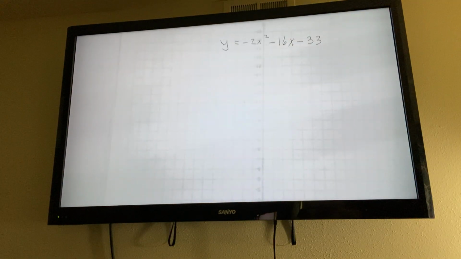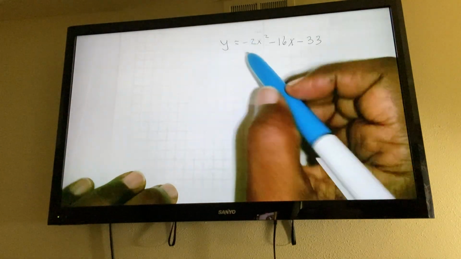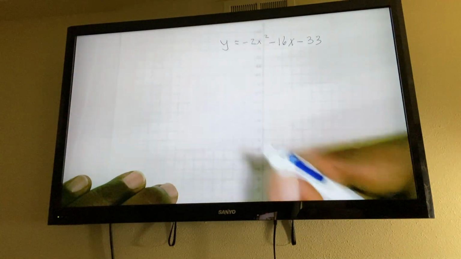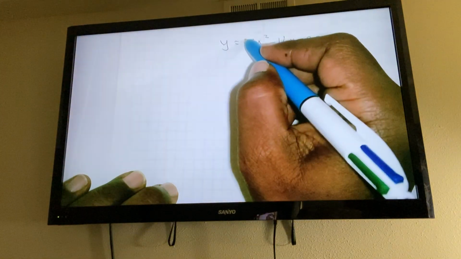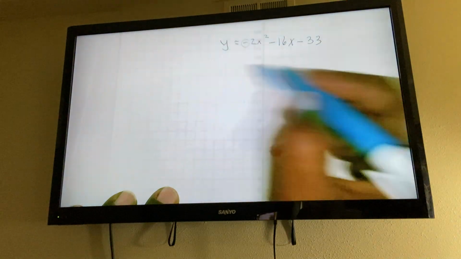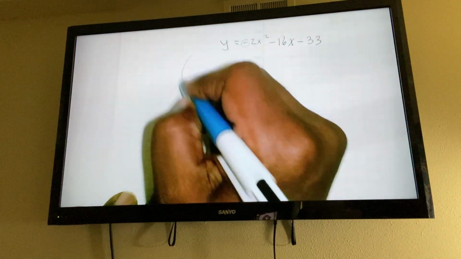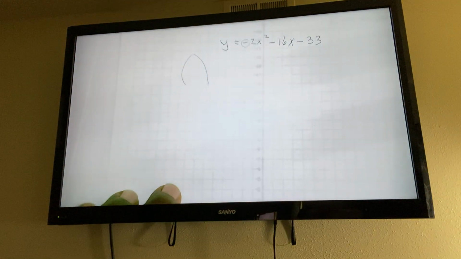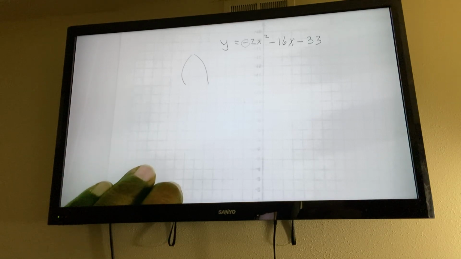Okay, now we want to use our critical attributes. First thing we see is that it is negative. So we know it's going to be going this way, because we know it's negative.